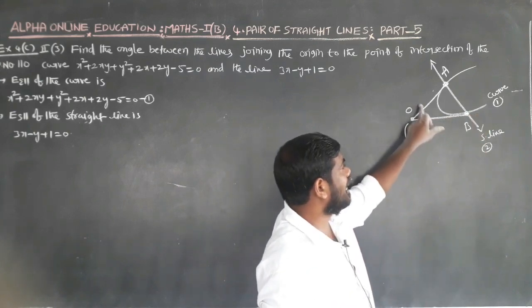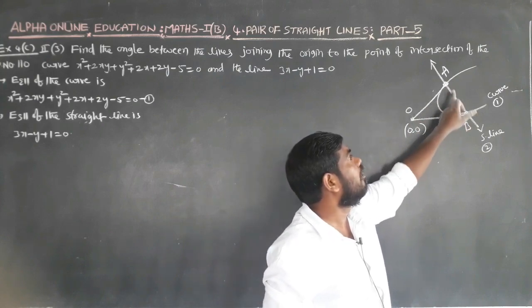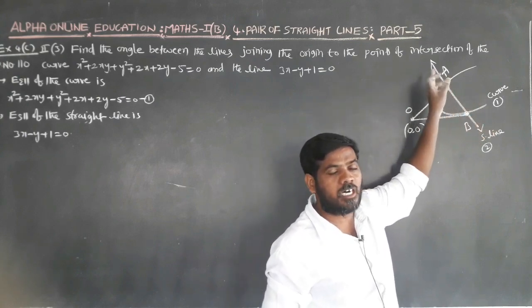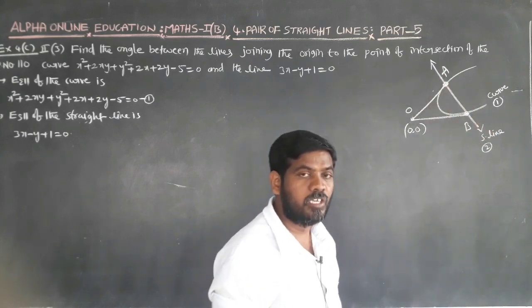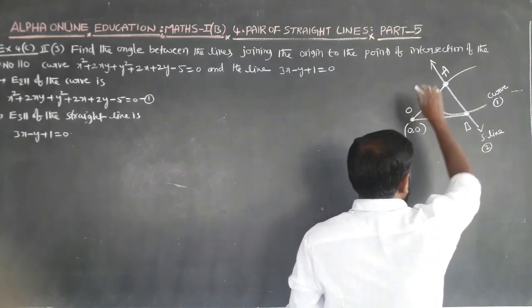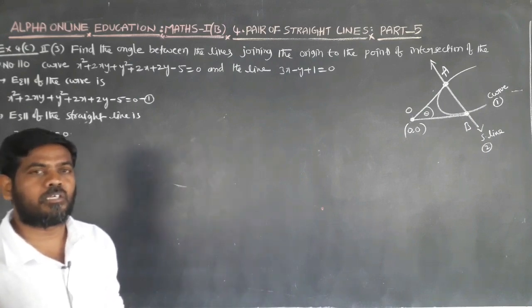These are the lines OA and OB joining the origin to the points of intersection of the curve and line. Here find the angle between the two lines OA and OB.